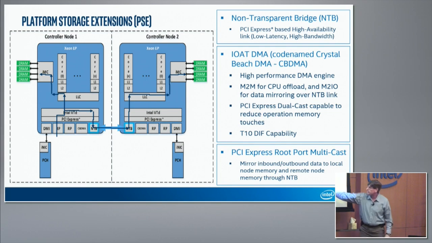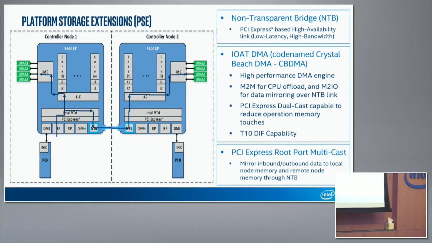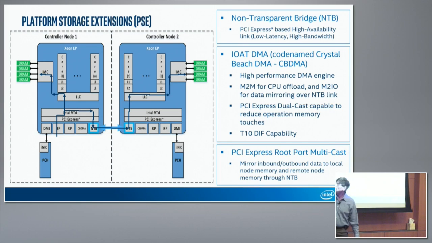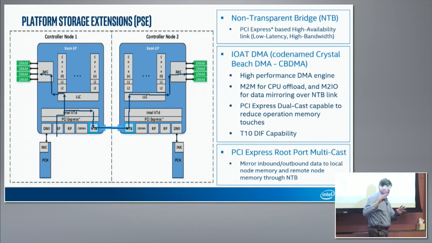But I had mentioned the PCI Express root port multicast, and once again, it's designed to reduce the number of memory touches and descriptors. Any traffic that's moving through the root port, I can set up a multicast set of tables.